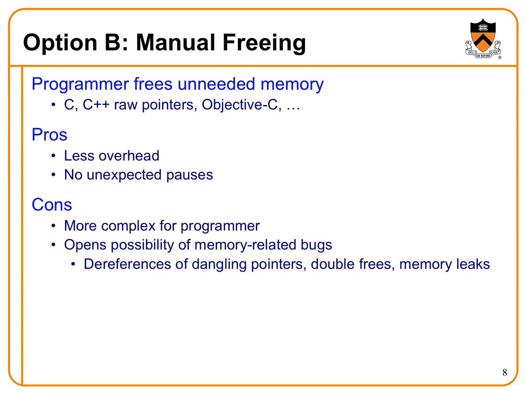The other alternative is the programmer explicitly frees unneeded memory. This is what we see in C, explicitly deallocating the memory with the free call. The good thing here is that it's explicit, so there are no unexpected, badly timed pauses for garbage collection. The bad thing is, of course, that we have to remember to do it and have to get it right.